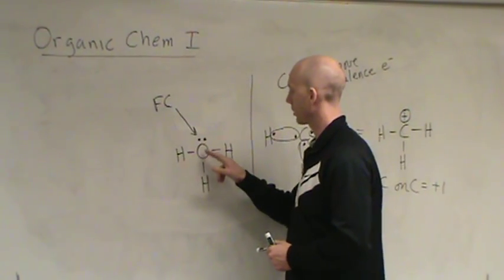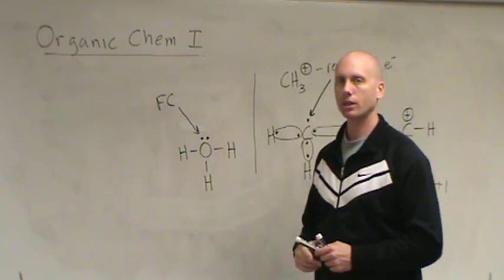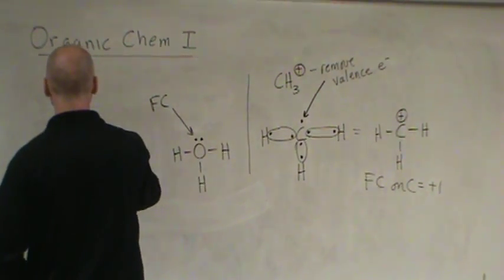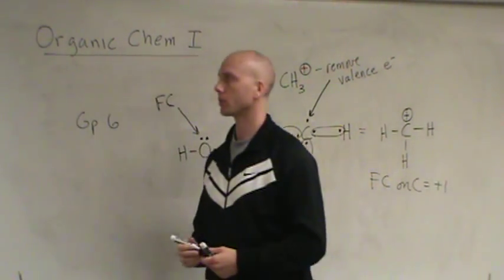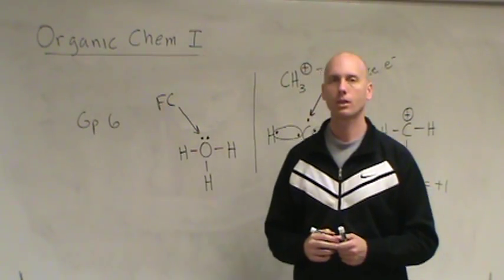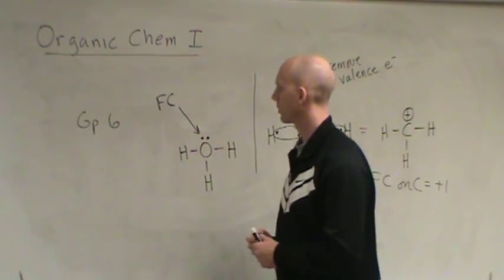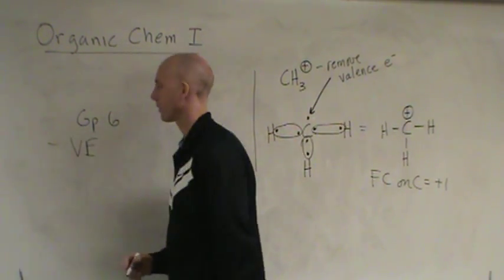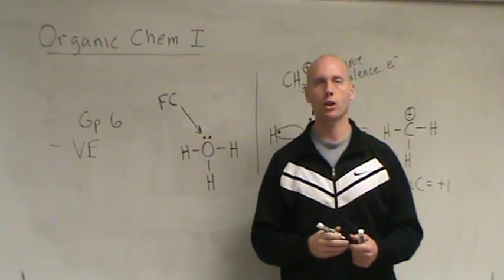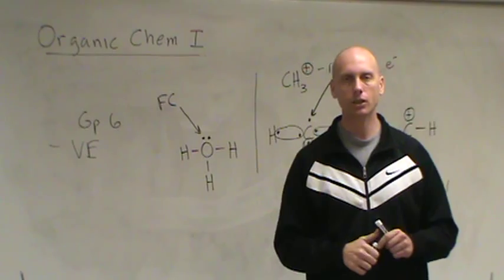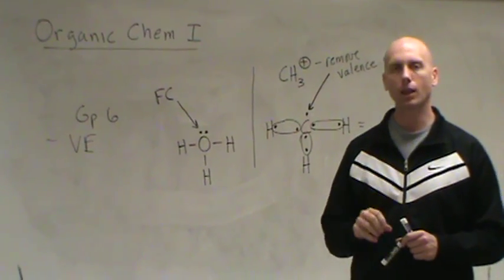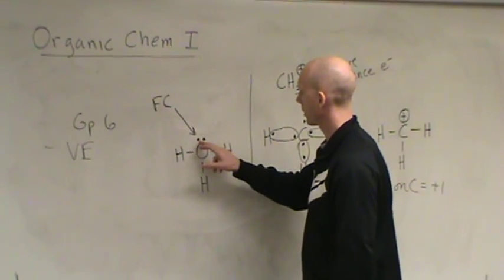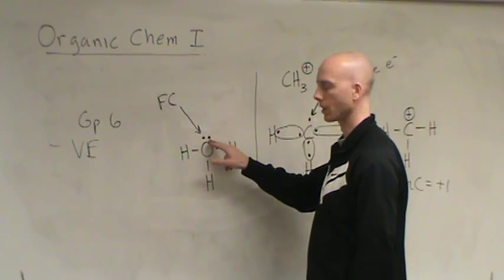The rule is we look at the atom in question. Here it's oxygen, and we ask what group it is. Oxygen is in group 6. Okay? Next, what we do is we subtract the valence electrons that are shown in the molecule on oxygen. Okay? So here's where you're going to follow me. Something new for you. So let me count them. 1, 2, the lone pair.